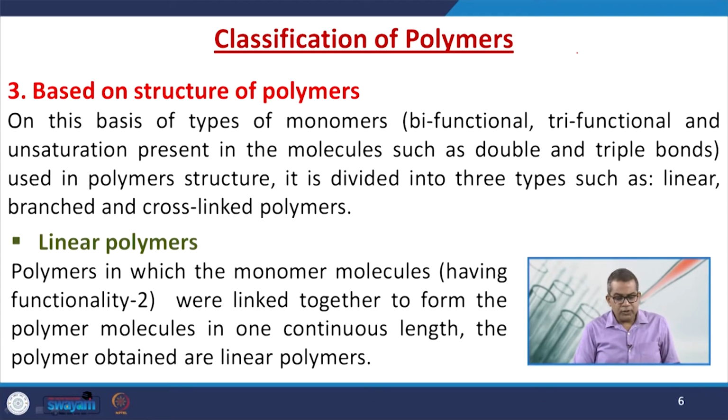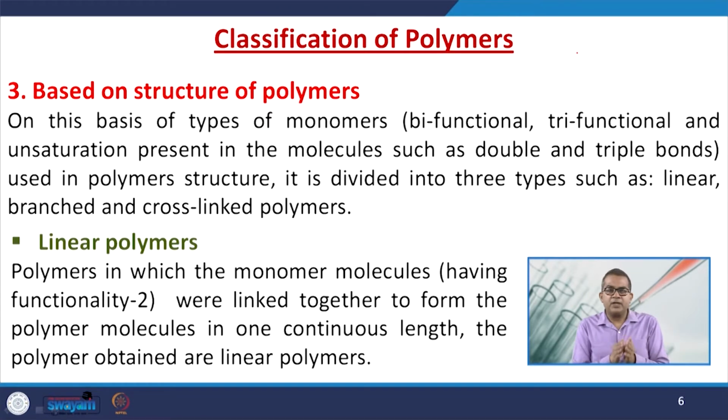Now, the third classification scheme we are discussing is based on the structure of polymers. As an engineering perspective, as a science perspective, this is the most scientific approach to the classification of these polymers.